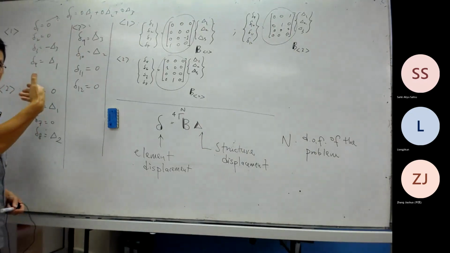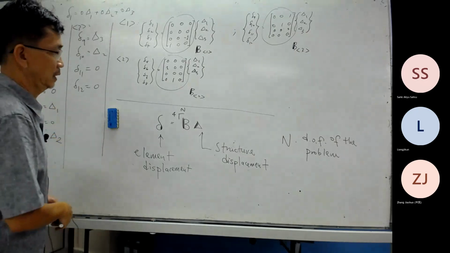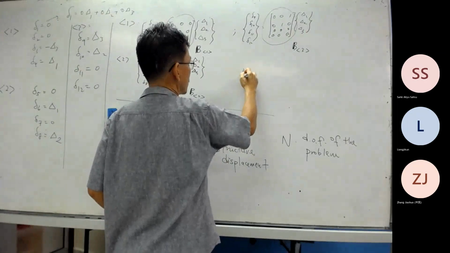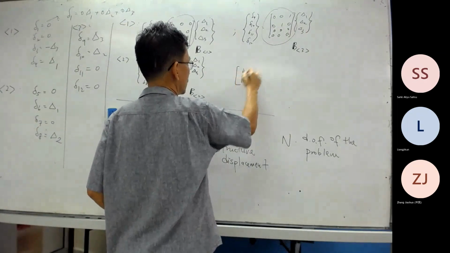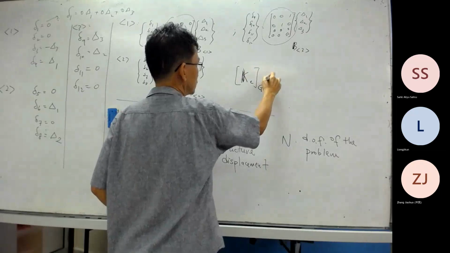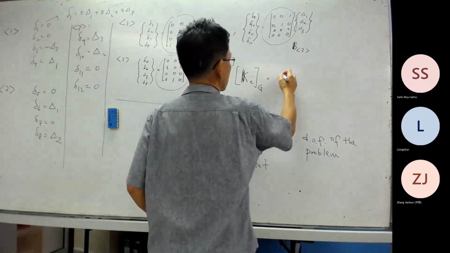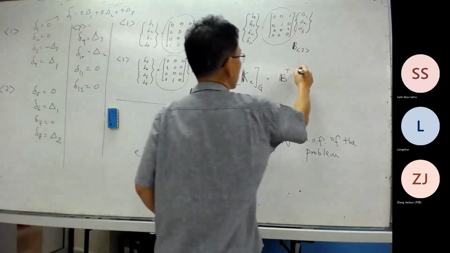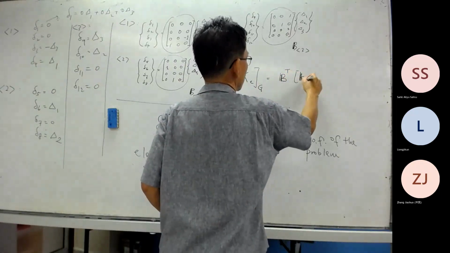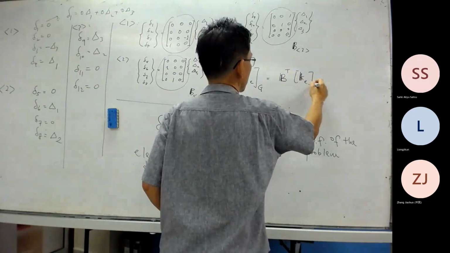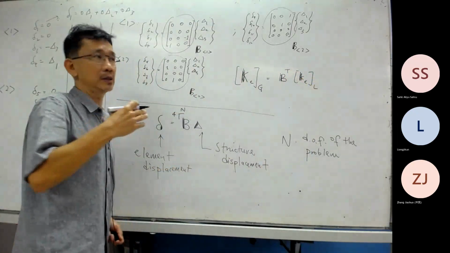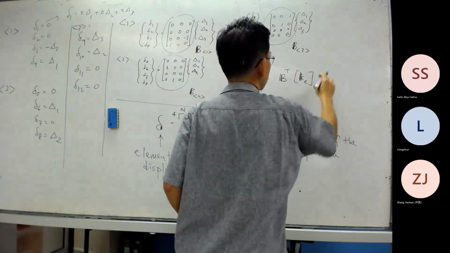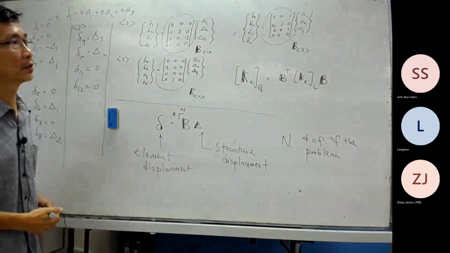The purpose for us is that we want to get this K element at global level, transform it, and this is when we use B transpose, K at element level, K for element, but this is local, L means at element level, then multiplied with B. So this is when we need the B.